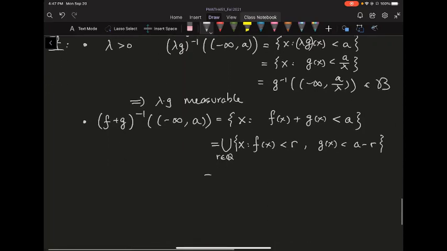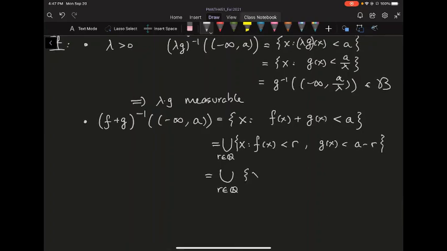And if you write it this way, then you can break the set as all the x where f of x is less than r, and at the same time you require g to also be less than a minus r. So here r is fixed, and I'm taking the intersection of these two things.